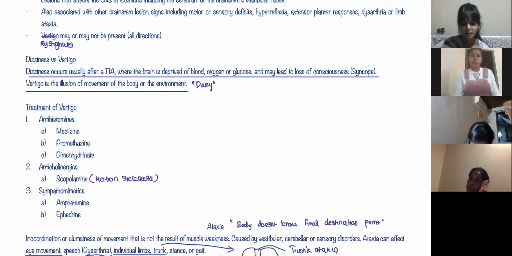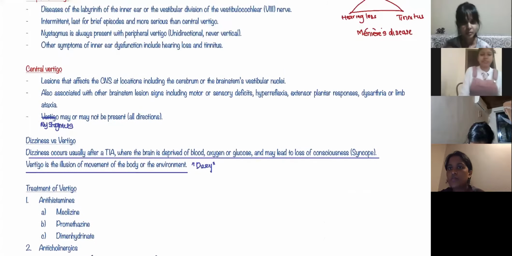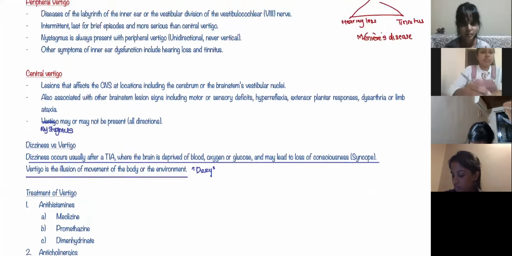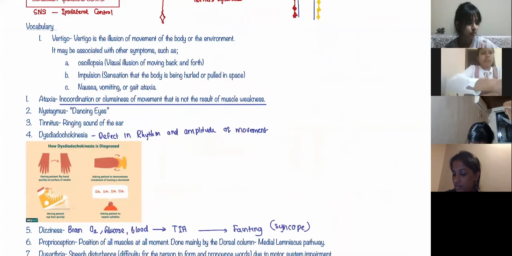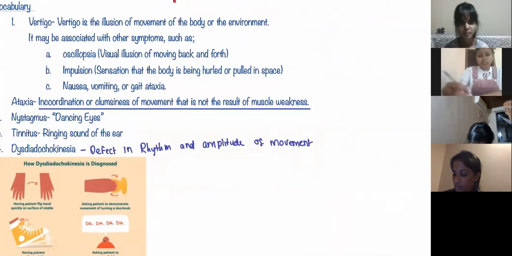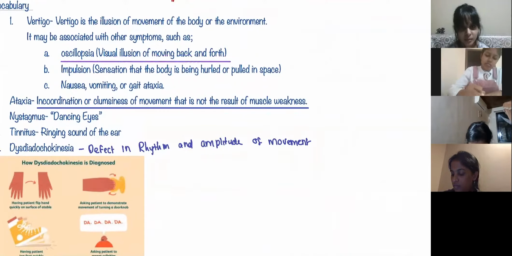Here's the exact definition. It's in the vocabulary. Illusion of movement of the body or the environment. Visual illusion of moving back and forth. It's basically dizziness.